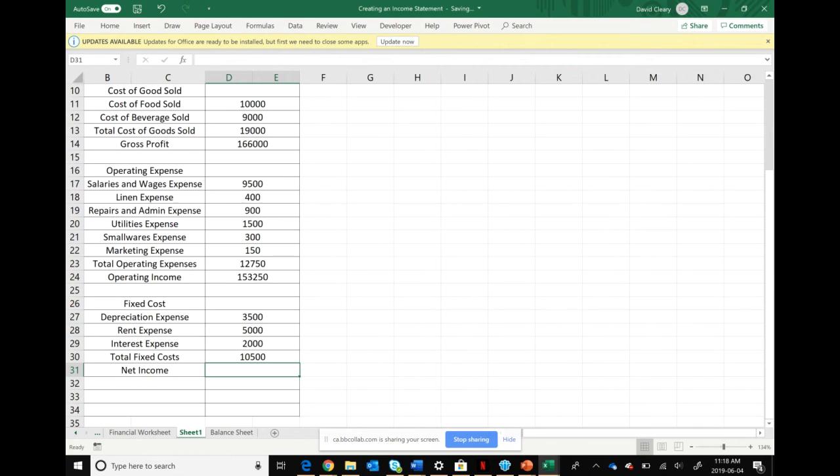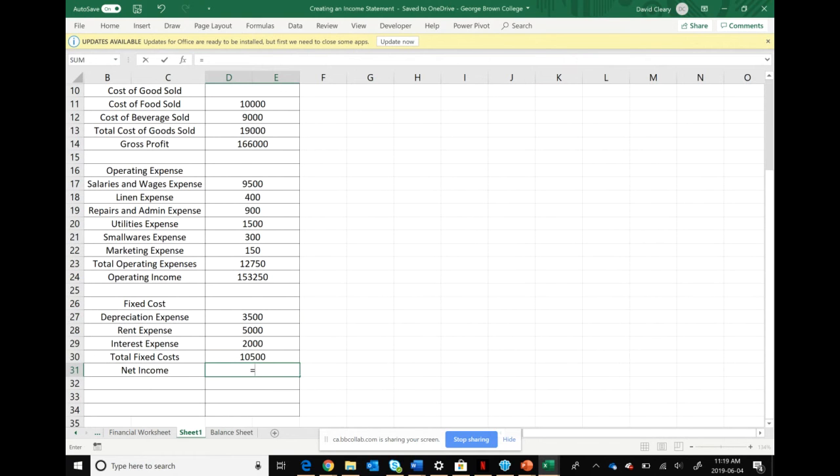Can anyone tell me how we calculate at this point our net income? Yes, it is your operating income minus your total fixed costs or total fixed charges.